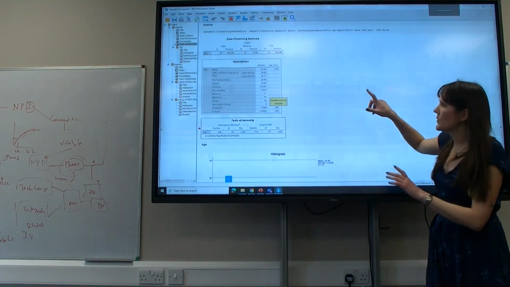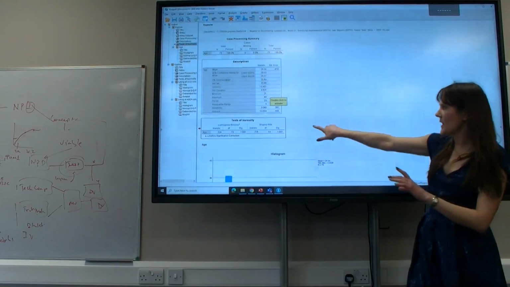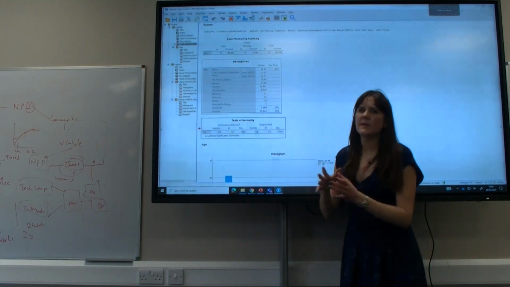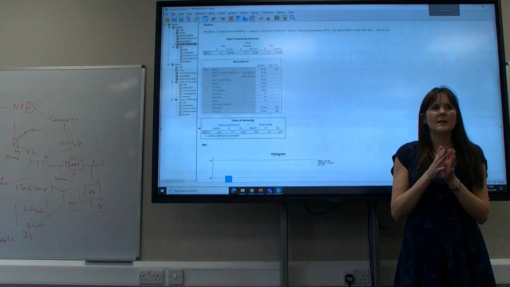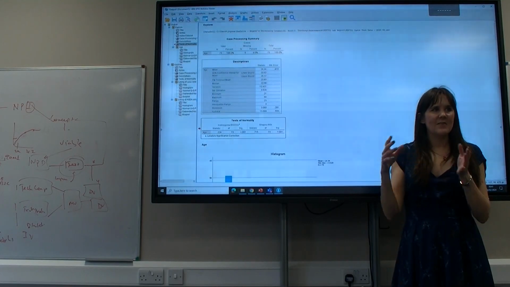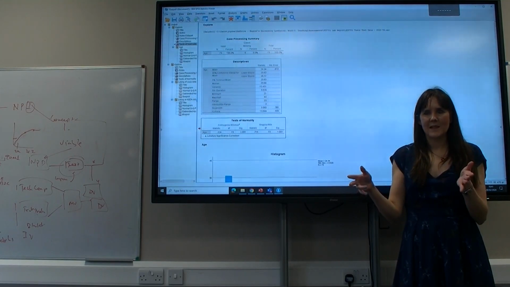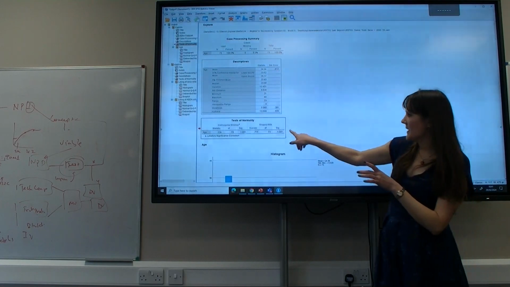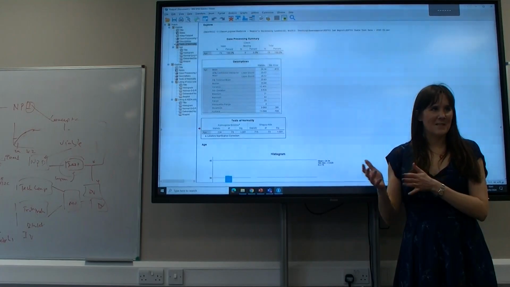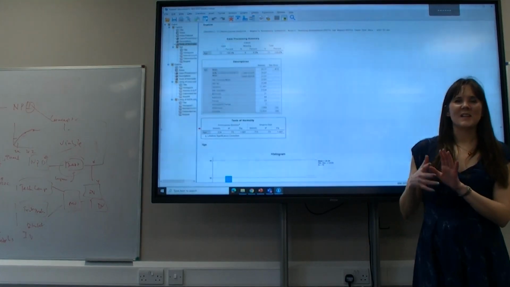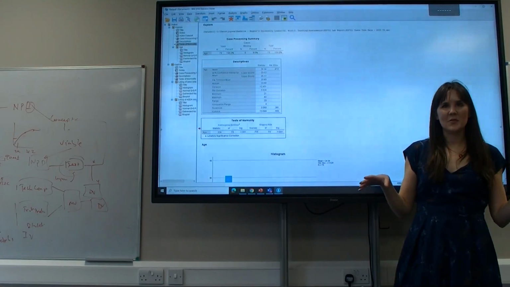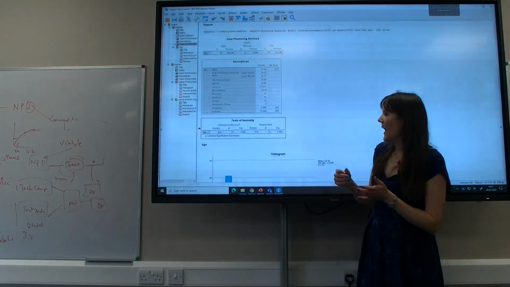For each of your tests now, you should have this test of normality box, and Shapiro-Wilk is a test of how much your actual data deviate from normality. If it's significant, it means that your data do deviate from normality, which in this case is a bad thing. We want our curve to be as normally distributed as possible.